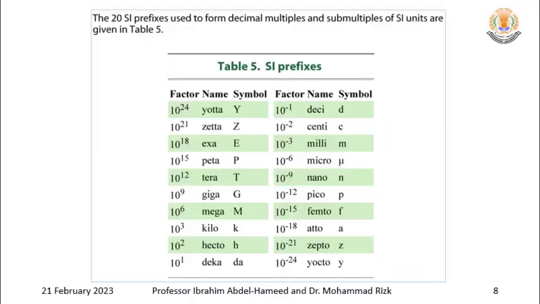Regarding symbols, as I told you before, it's not good to write your number like that. But it's better to write it like that, where we can call it milli, not meter. Milli. So if this one is in ampere, it will be milliampere.